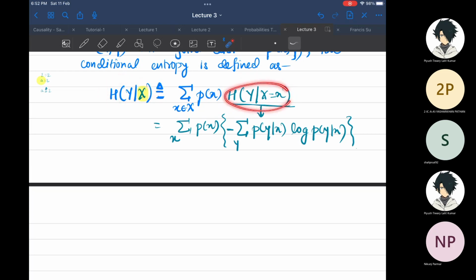So this notation here means that, if the random variable capital X takes the value small x, what will be the entropy of y? There is a system which has two variables, capital X and capital Y, let's say pressure and temperature, something like that.